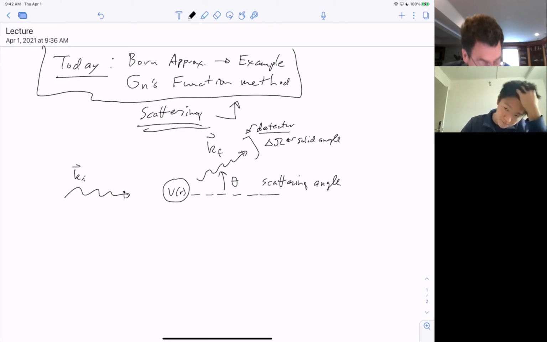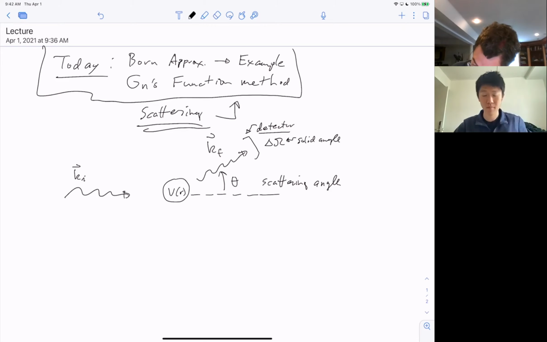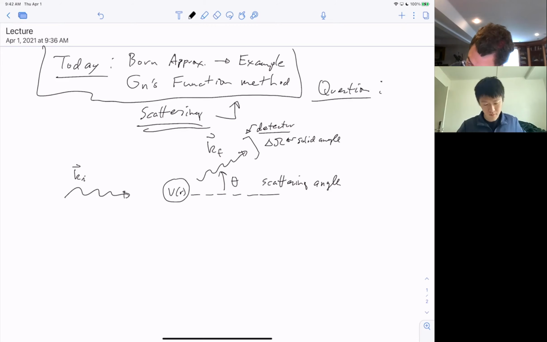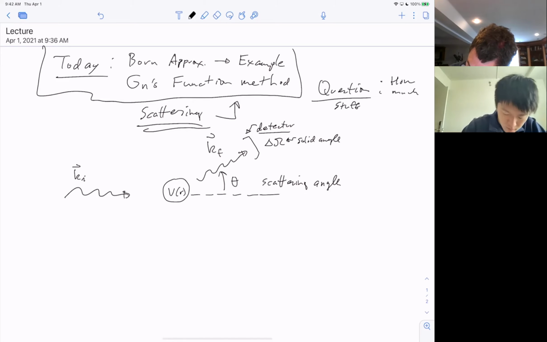And so the big question that we want to answer is, what goes into the detector? Basically, how much stuff goes into the detector? In other words, what's the probability to scatter into the detector?